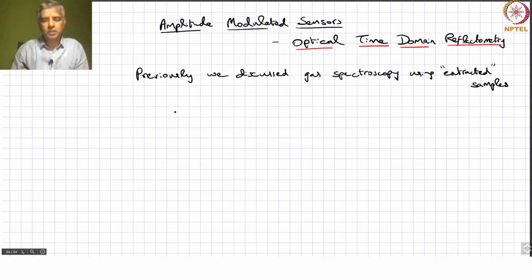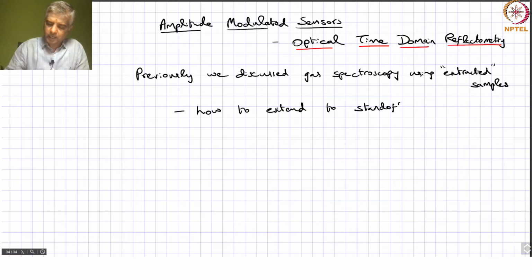So now the question is how to extend this technique to what is called standoff detection.